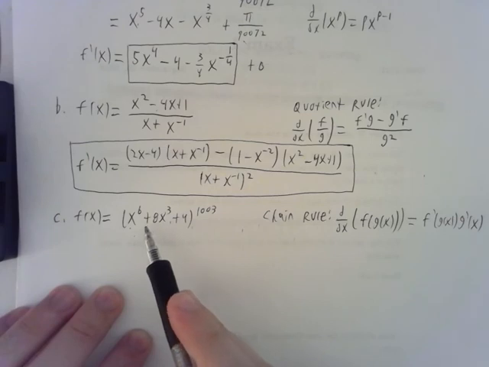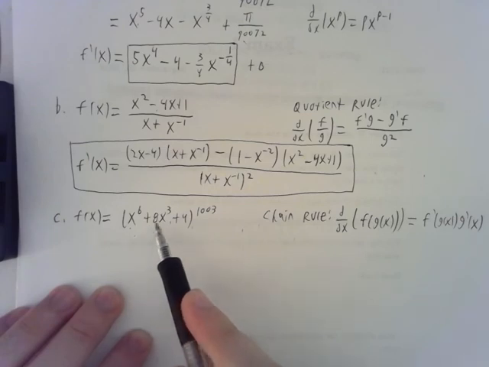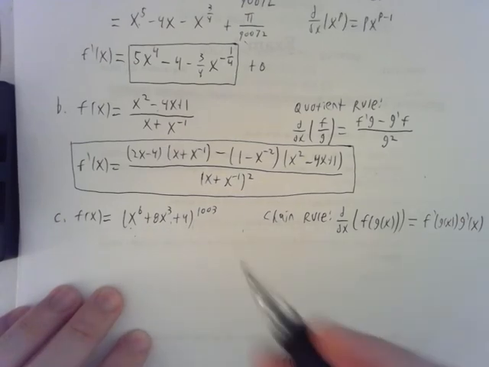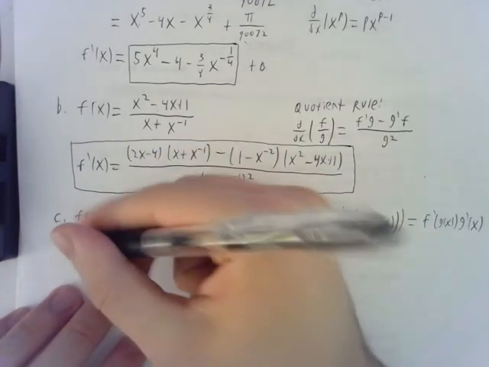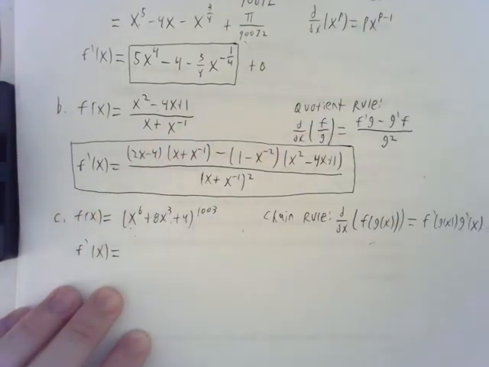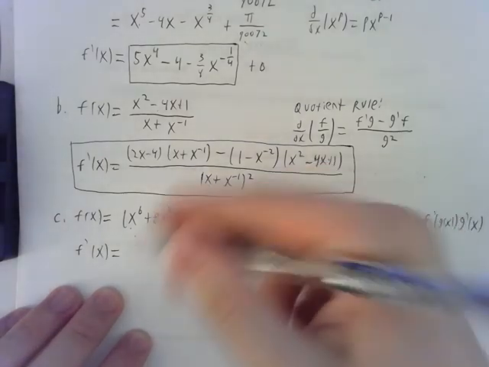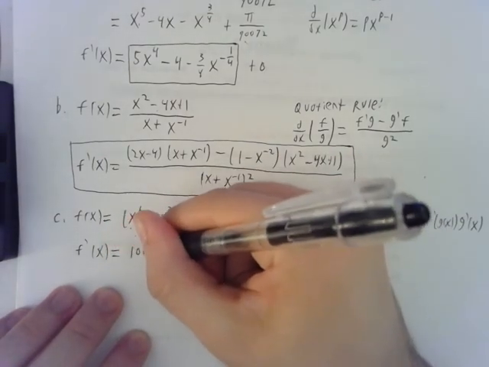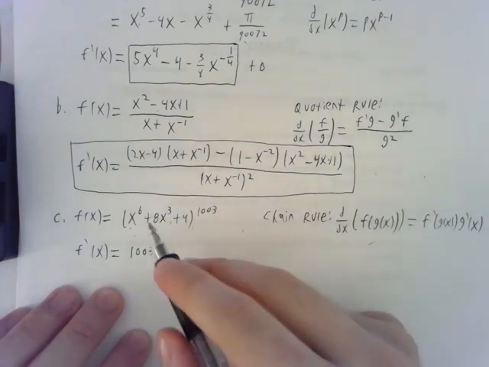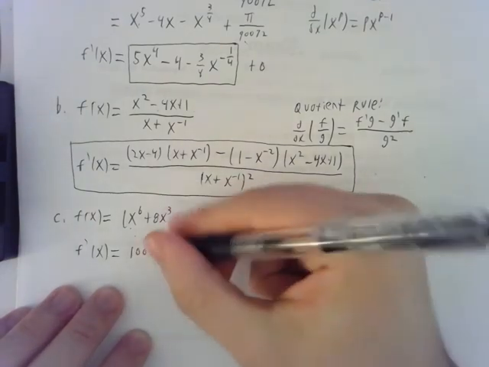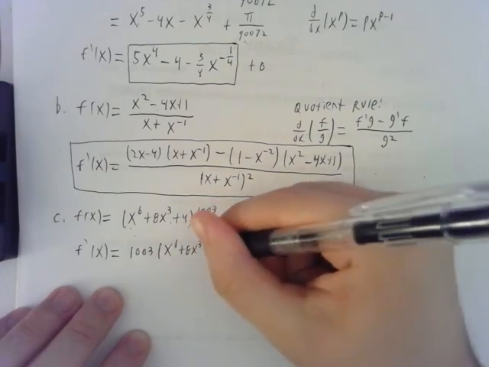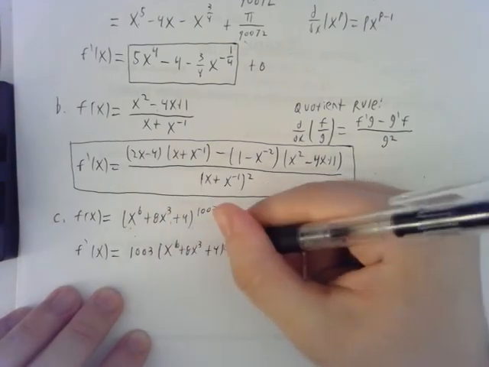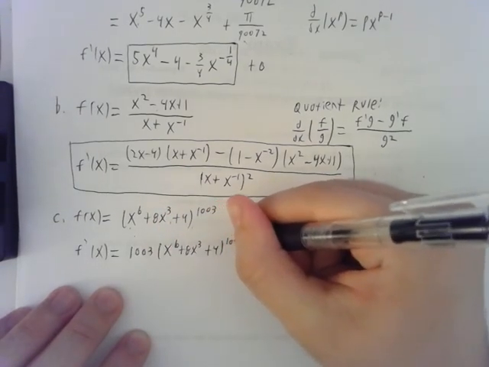The g of x role is played by x to the 6th plus 8x cubed plus 4. So if we plug into our formula from the chain rule, we'll see that f prime of x is equal to the derivative of the outside function gives 1003x to the 1002, and we have to plug in the inside function. So we get x to the 6 plus 8x cubed plus 4, all to the 1002 power.